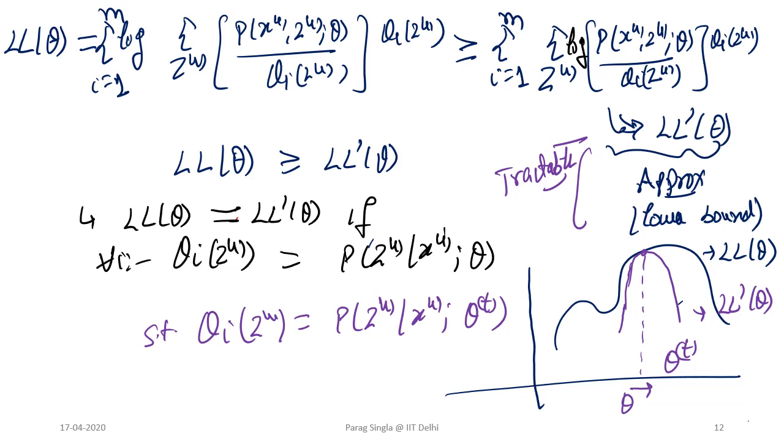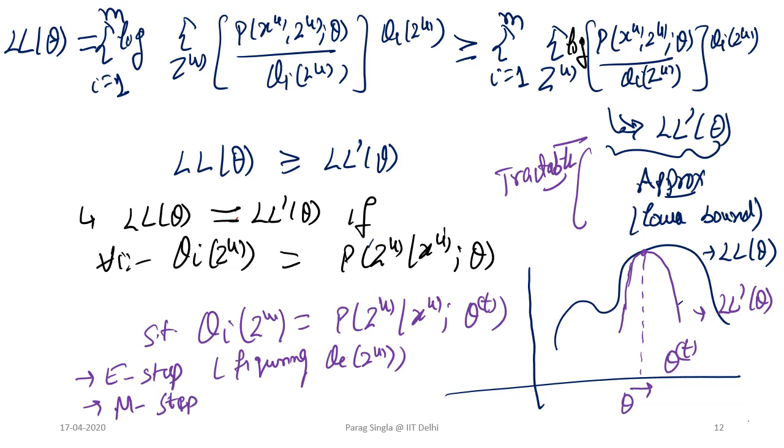And in a nutshell, what we'll do is construct this lower bound at a given set of theta parameters, which will be the E step in the EM algorithm. So the E step will correspond to constructing this lower bound, which is figuring out the qi zi's, and for which we've written the expression. The M step will simply correspond to maximizing the current lower bound.